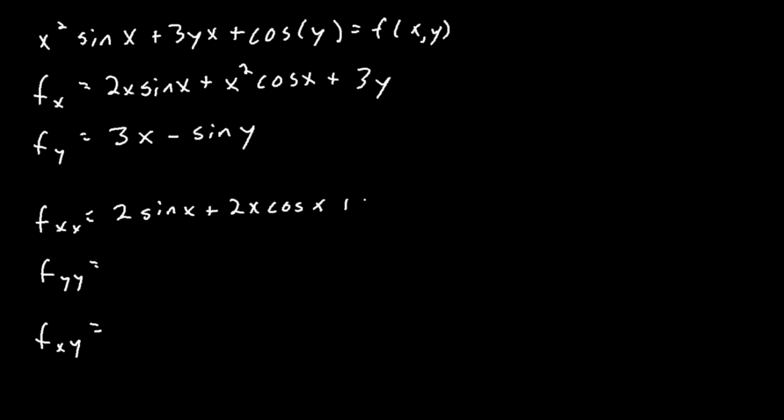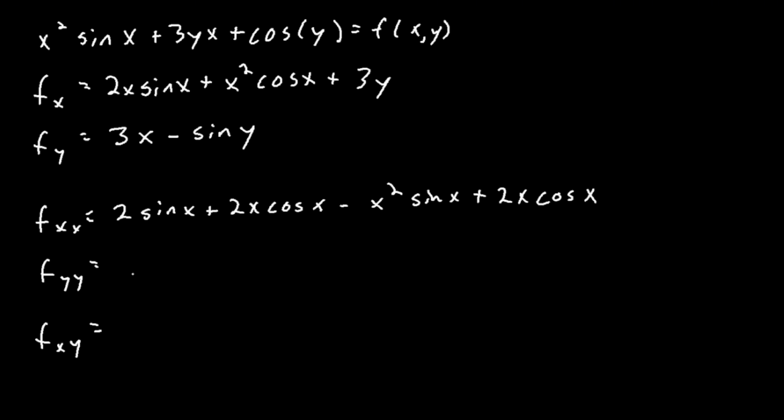Actually, it's negative x squared sine of x plus 2x cosine x, and 3y is treated as a partial because we're deriving with respect to x again, so this is our full derivative since this just zeroes out. So this is our second order partial derivative with respect to x.